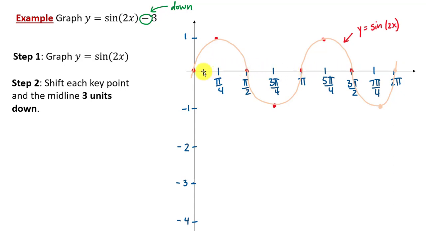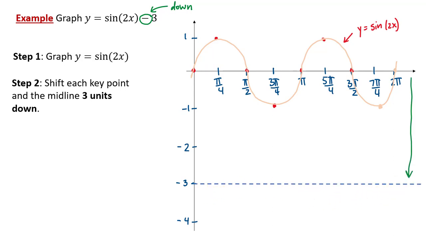So right now, for this basic graph, y equals sine of 2x, the midline is the x-axis. Well, the x-axis itself is going to stay where it is, but the imaginary line that goes through all zeros will be shifted 3 units down as well. So that's where it's going to appear.